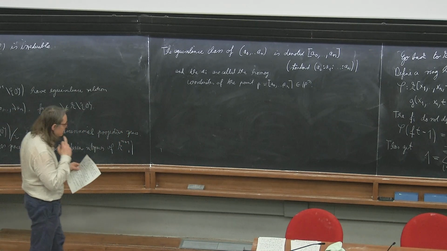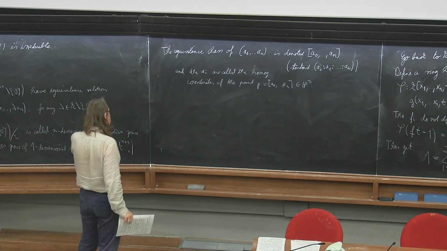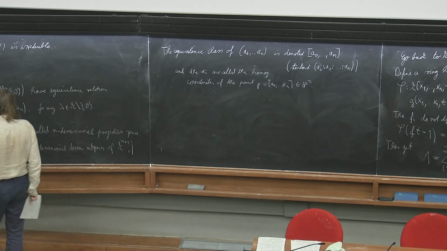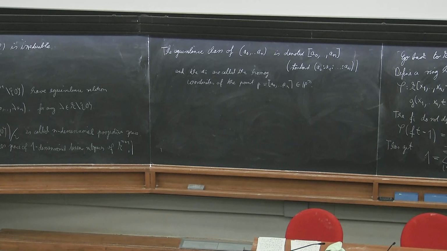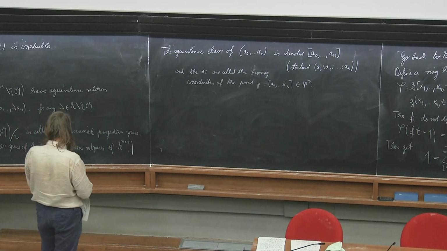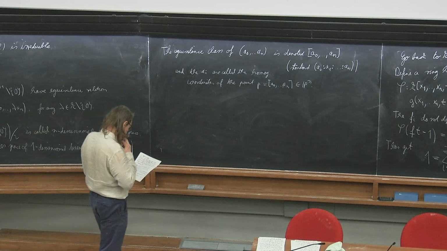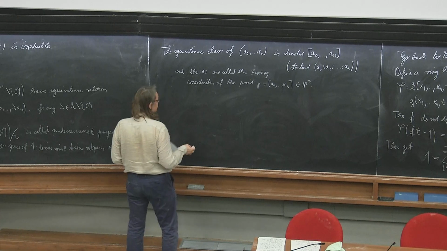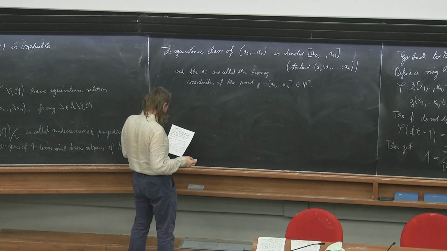And now I want to briefly say how this is related to A^n. I somehow said it can be viewed as some kind of compactification of affine n-space. So it should, in some sense, contain A^n as a subset. In fact, it contains it in many different ways.